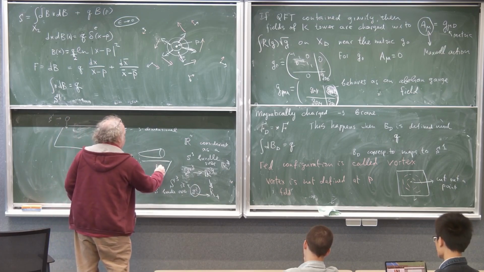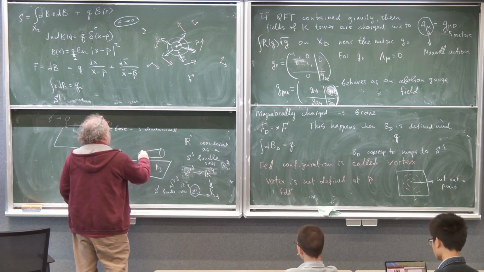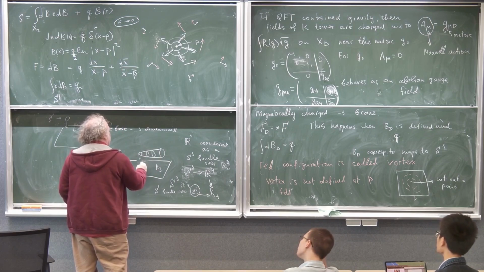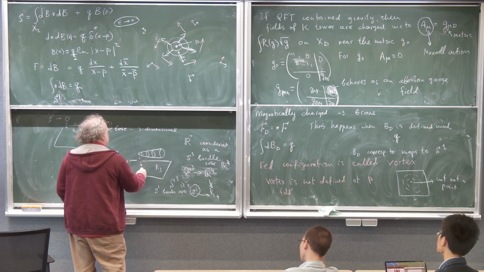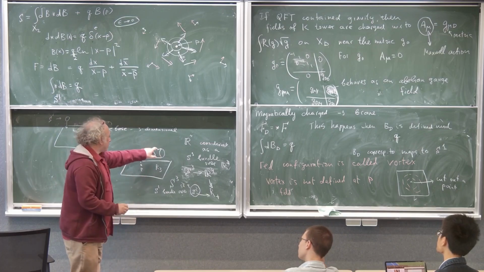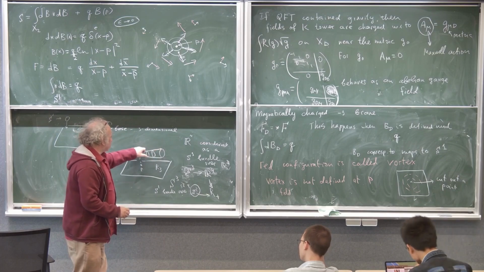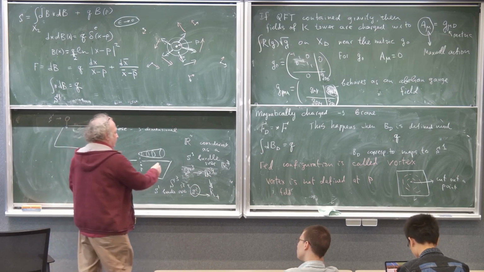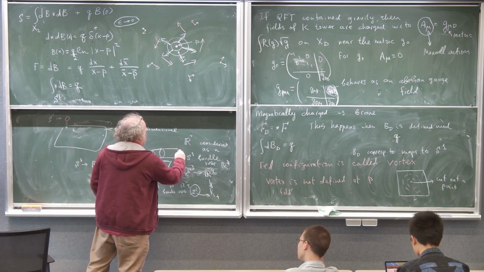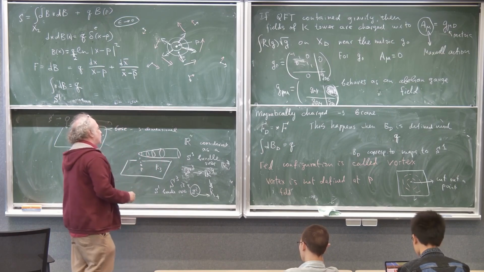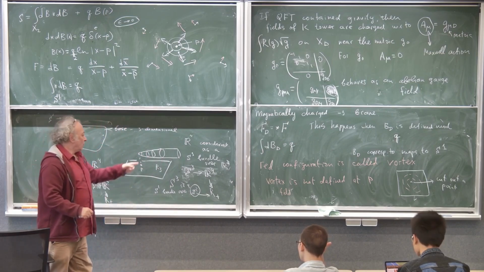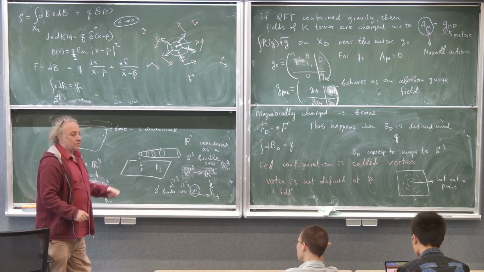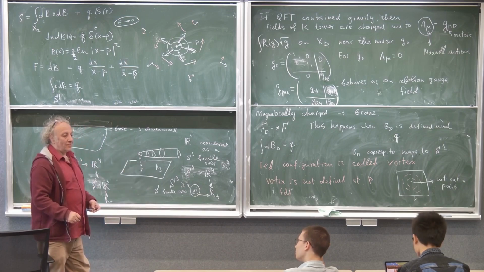Here I have R3, and here I have this fibration, and at some point, P, the circle shrinks to zero. But asymptotically, it goes to S1 times R3. This picture.